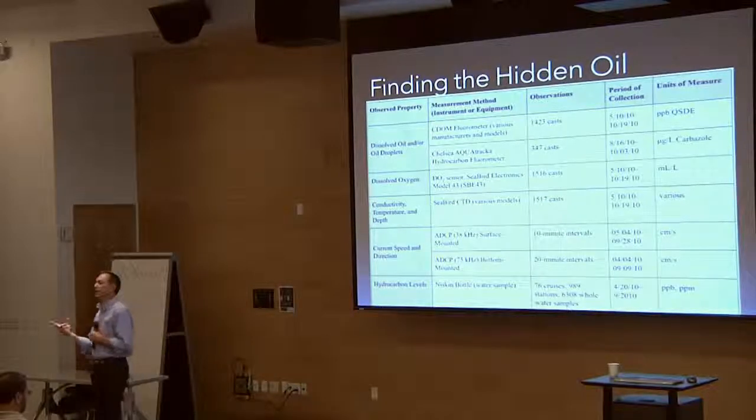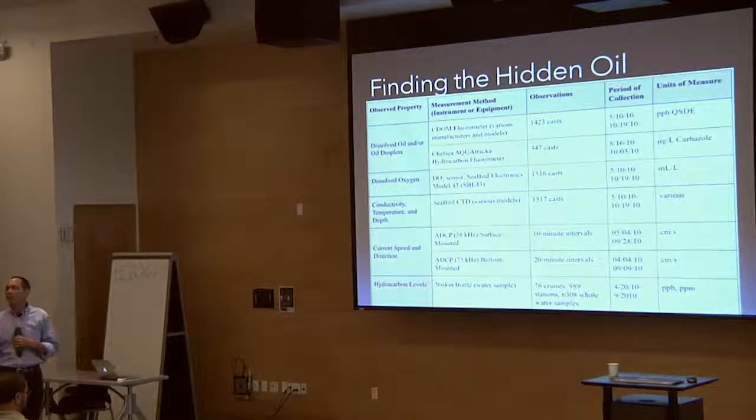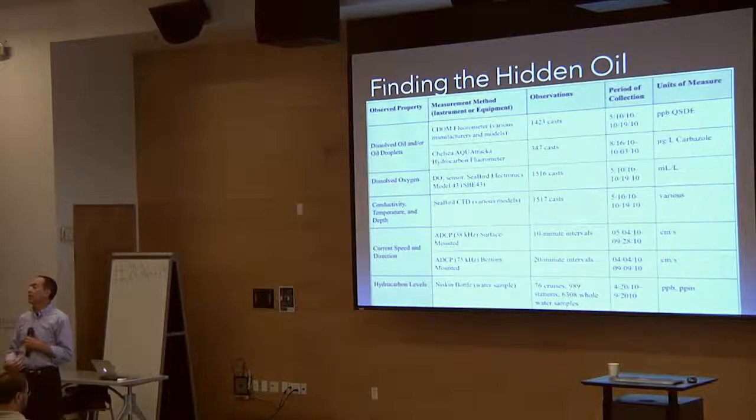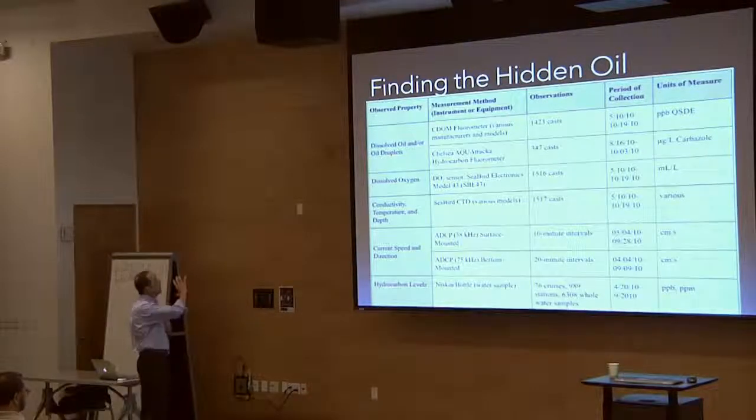The oil's at 1,200 meters. If you want to send a sampler down there, it's going to take you about an hour to get it down and about an hour to get it back. And you're going to have a sample at one location, one location about the size of me in an ocean of thousands of square miles. So it makes it a very difficult problem. So how can we measure this?